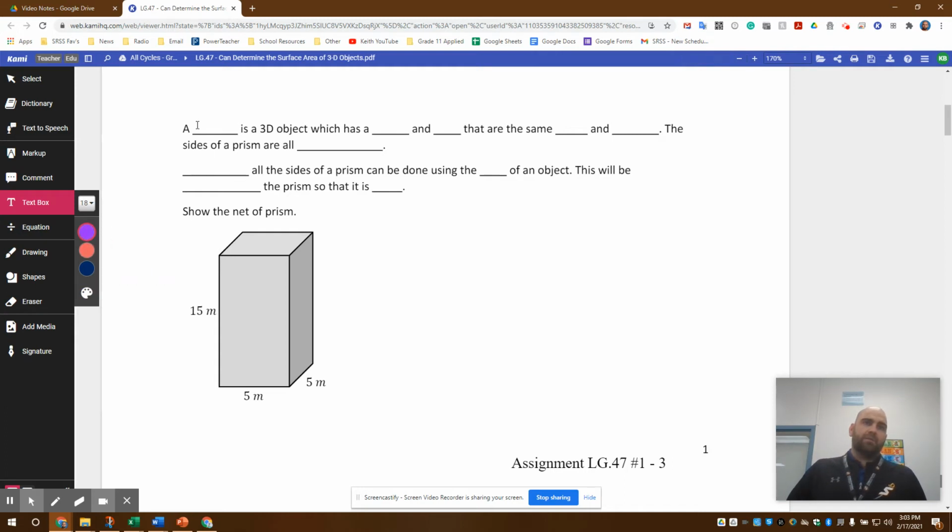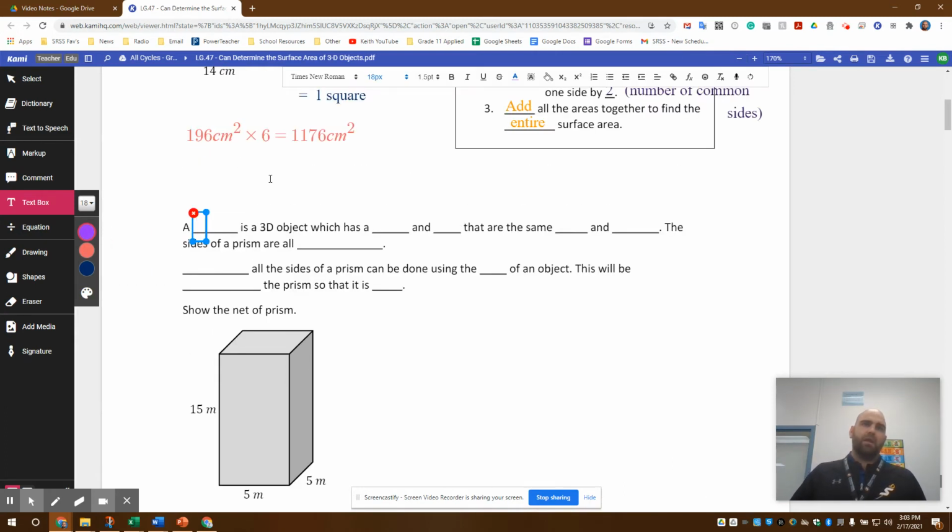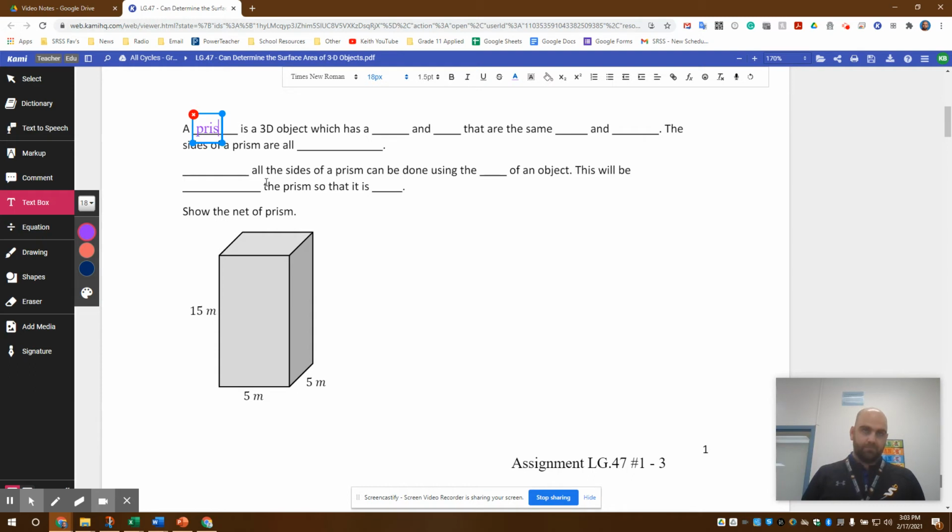Now, here's a little bit of a different word here: a prism. And we're going to be looking at this a lot. A prism is a 3D object which has a base and top that are the same size and shape.